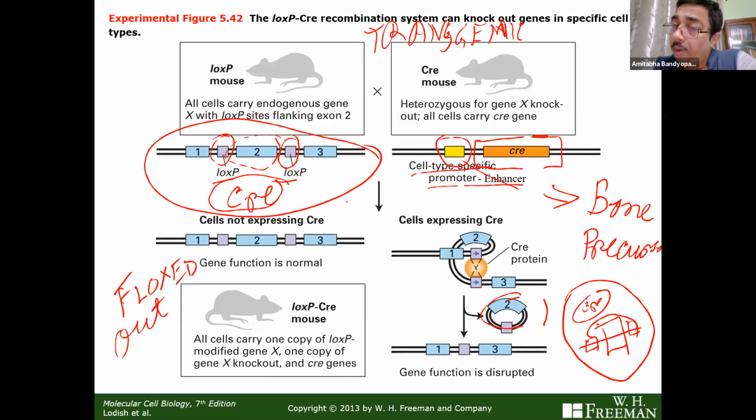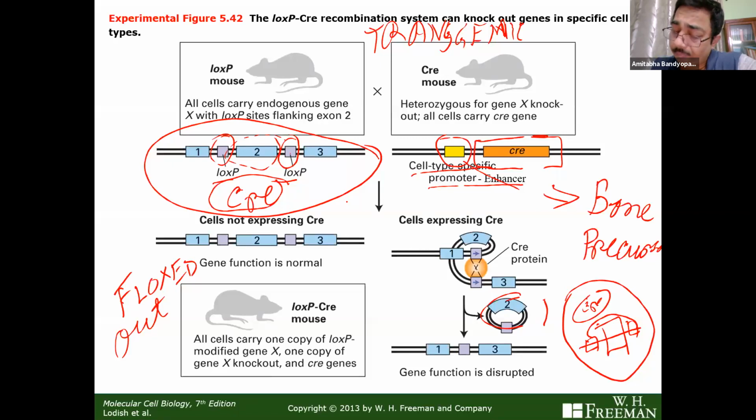Though it is preferred that Cre is a knock-in Cre, because knock-in Cre will faithfully recapitulate the normal mRNA expression pattern of gene X, like Cre will be expressed exactly where and exactly when X would normally be expressed, it has that problem.